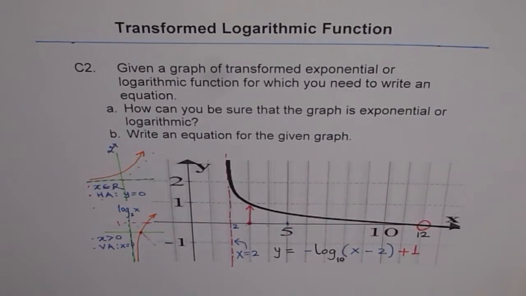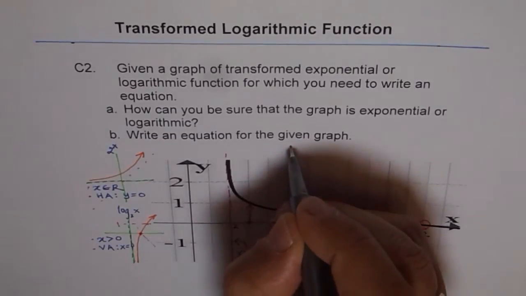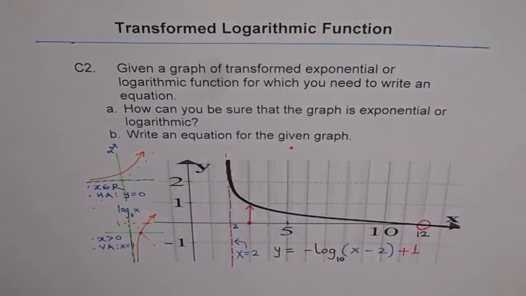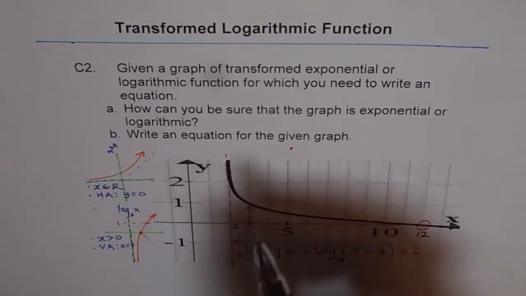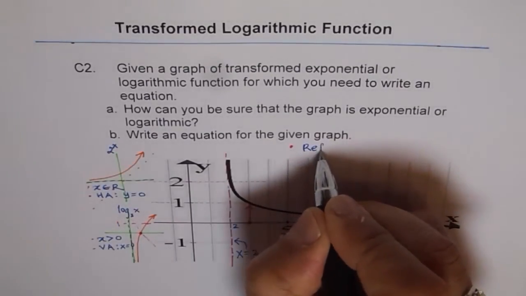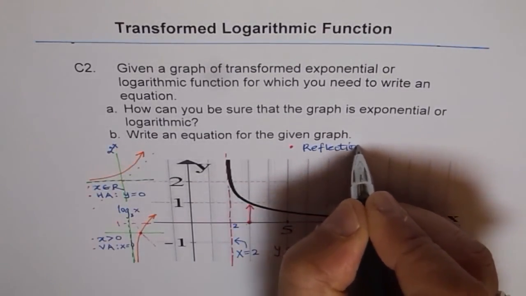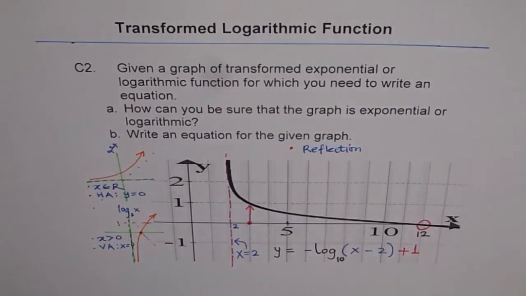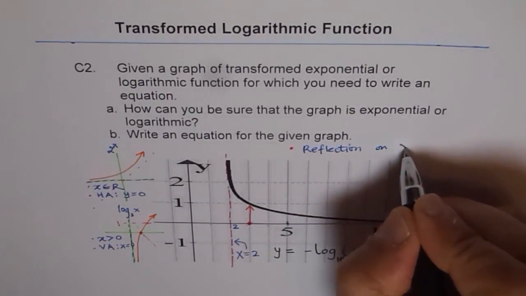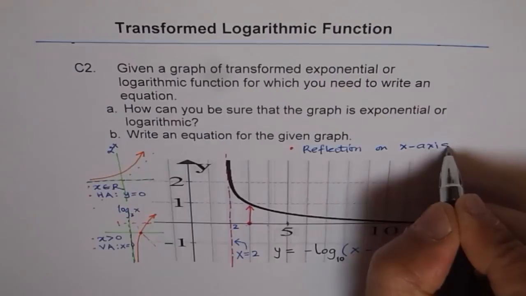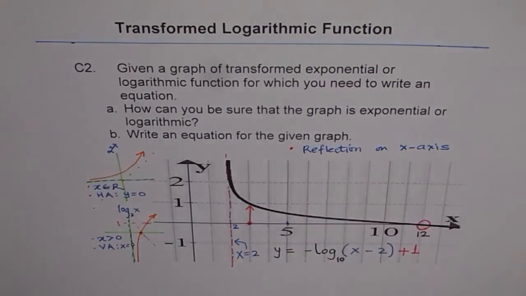I hope you get how I found the equation of my graph. So let me summarize this for you. The first point we considered is reflection. Critical points which we observed here and wrote our equation: reflection on the x-axis gave this minus.